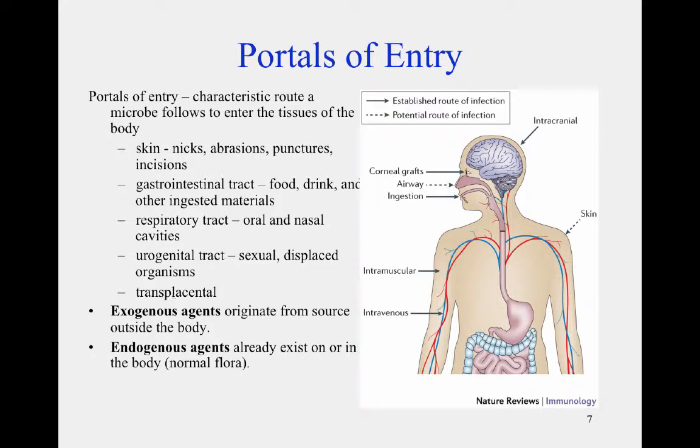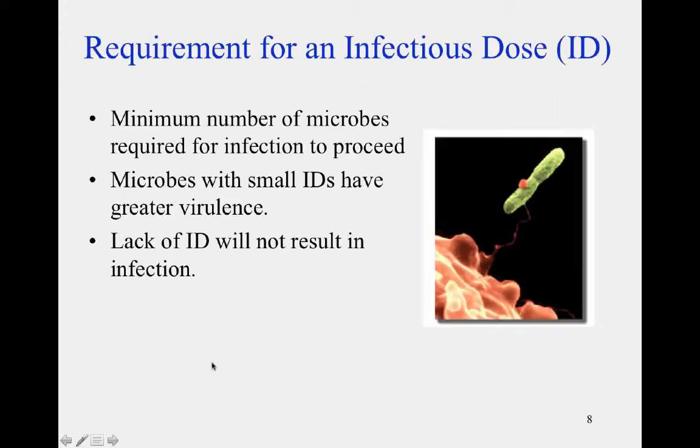Now, a couple terms here that you may see throughout the lecture: exogenous versus endogenous. If it is an exogenous agent, this originates from outside of the body, versus endogenous, which would be already existing on or within the human body. Now, every pathogen has what we call an ID.